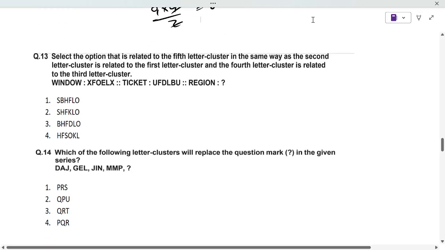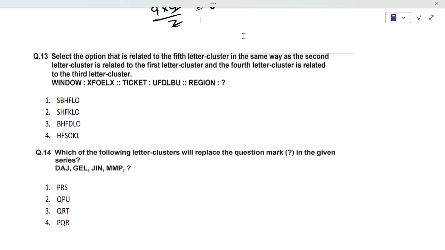Okay. Again, coding and decoding. So coding and decoding is, I think, very common even in our NPSC and NSSB exams, right? Coding and decoding. So we have WINDOW, WX, right?